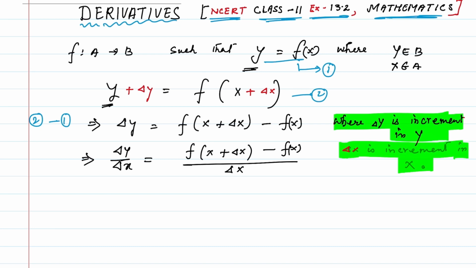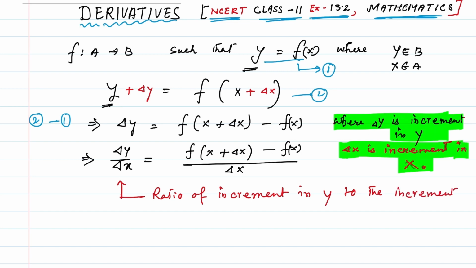So this is called the ratio of the increment in y to the increment in x.